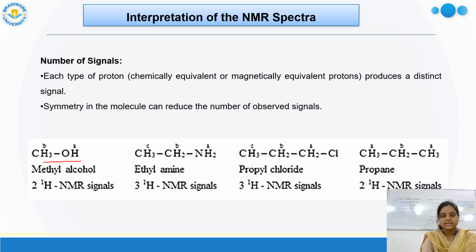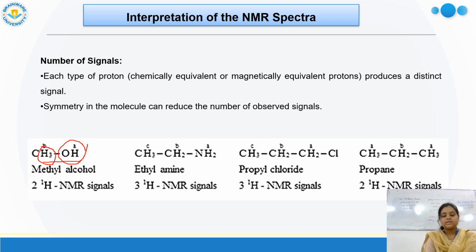Suppose this CH3, the three hydrogens. These three hydrogen atoms are all the same type, so they are in the same group. But the OH hydrogen is not at all the same as CH3. So it is another type of proton. So two different types of protons are there.